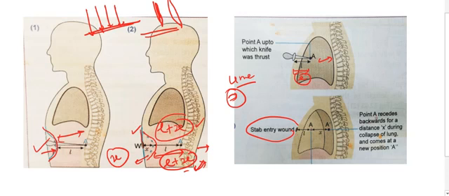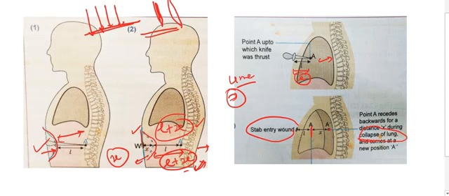And what happens is that point A, which was the maximum point of depth of the stab wound, shifts from A to A dash due to collapse of the lung, because due to the stab wound the lungs will collapse.